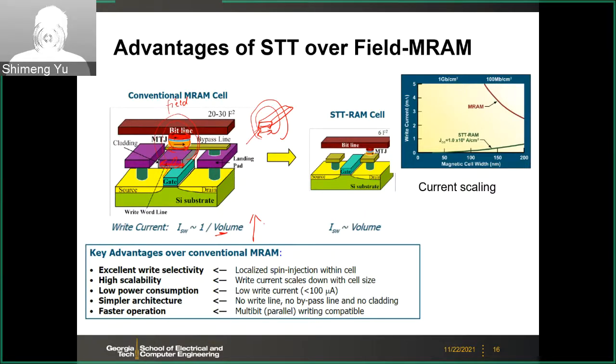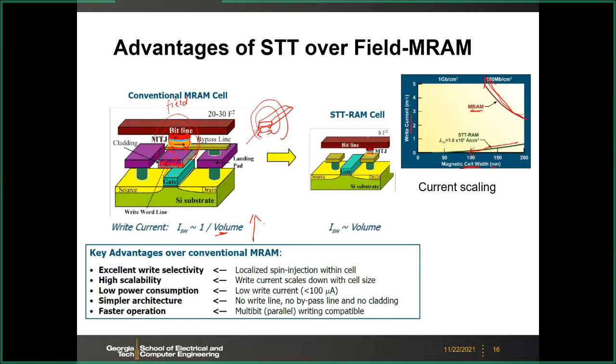For smaller technology nodes, you need to apply even larger write current for the field switching MRAM. So this is a big challenge. And here we draw the write current as a function of the cell dimension. The field switching MRAM actually increases the current, but the STT-MRAM has a good scaling trend. Smaller size, smaller current.